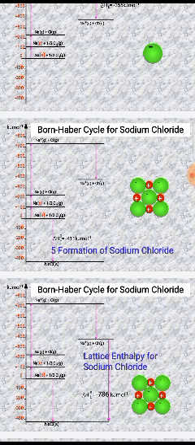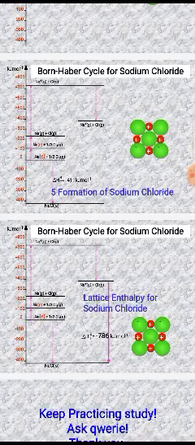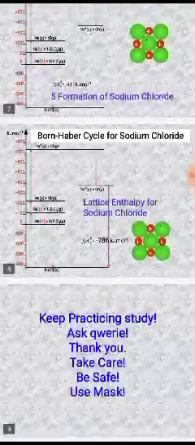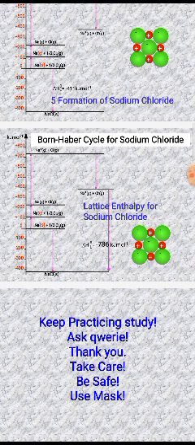Na plus in the gaseous state and one half Cl2 in the gaseous state get together and there is the formation of NaCl. Likewise, the lattice enthalpy for sodium chloride, the reaction is shown exactly on the slide.